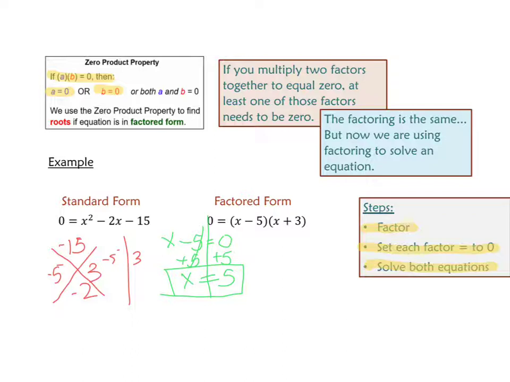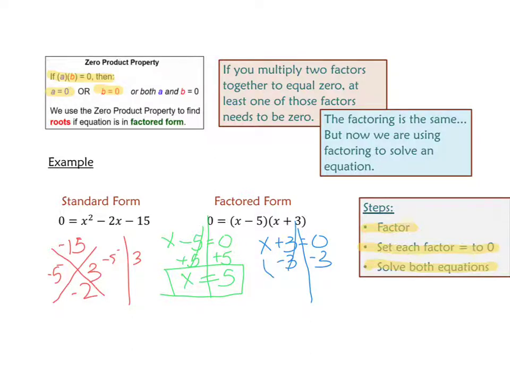For the other one, we have to write down x plus 3 equals 0. Again, I've got to get all my letters on one side and all my numbers on the other, so I do the opposite of plus 3. I go minus 3, and that's okay as long as I do it to both sides of the equal sign. 3 minus 3 is 0.